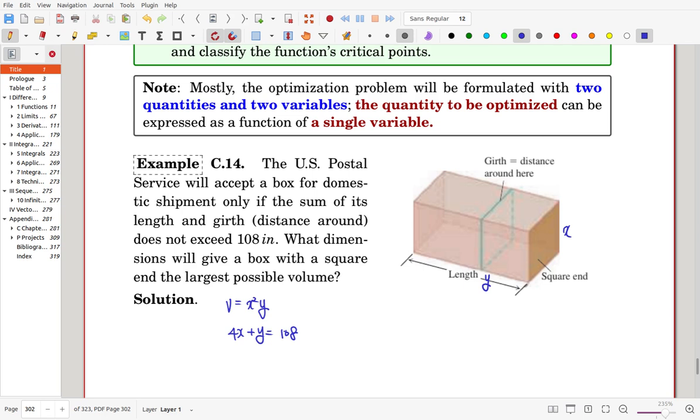Most of the optimization problems at your level will be given with 2 quantities and 2 variables.